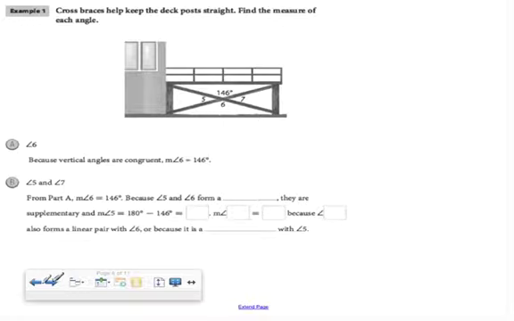But it says from part A, I know that the measure of angle 6 is 146, and angles 5 and 6 form a linear pair. They are supplementary. So the measure of angle 5 will equal 180 minus 146, and that's 34.